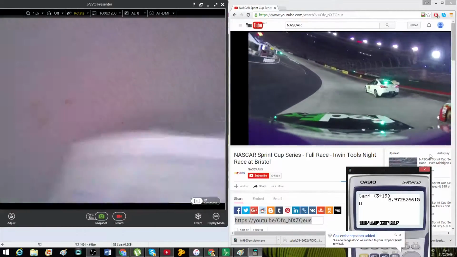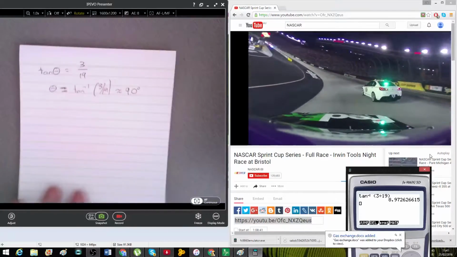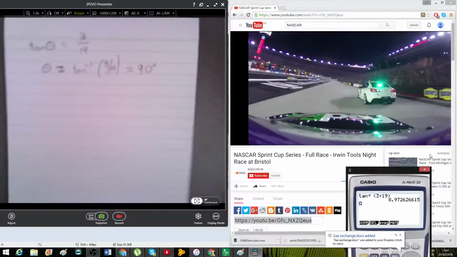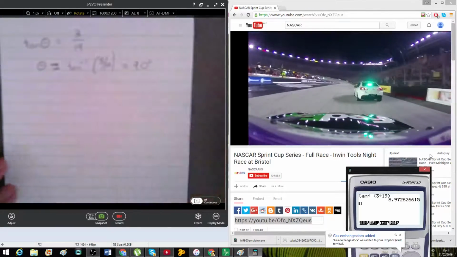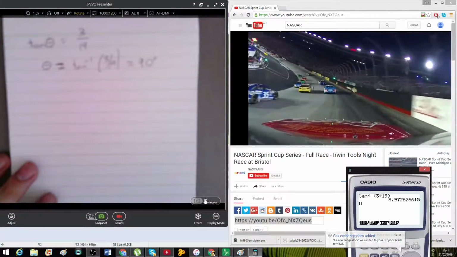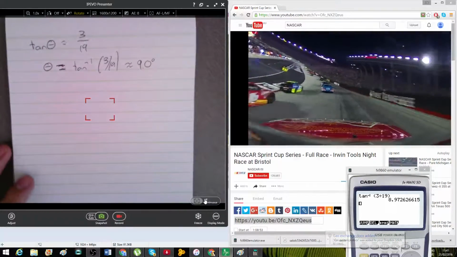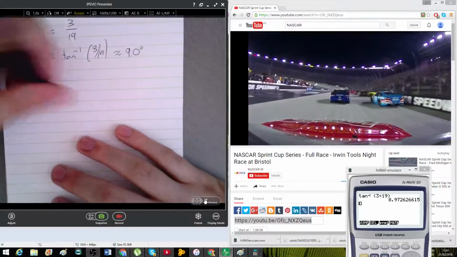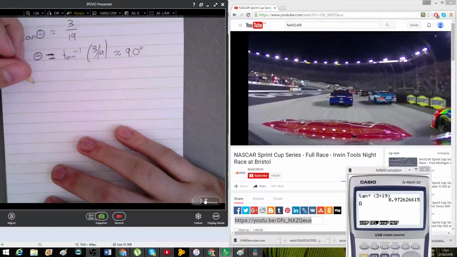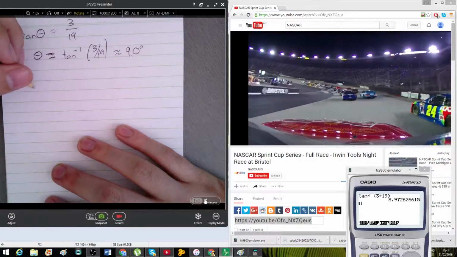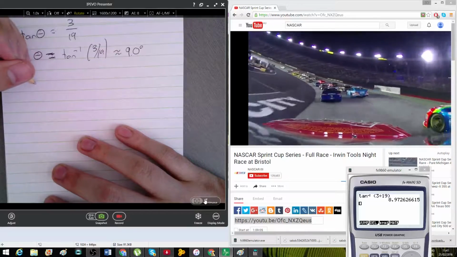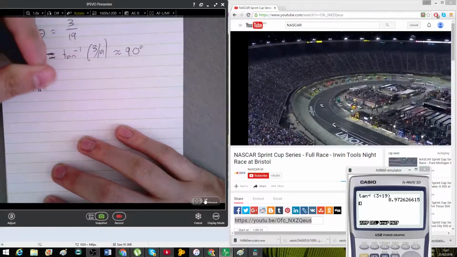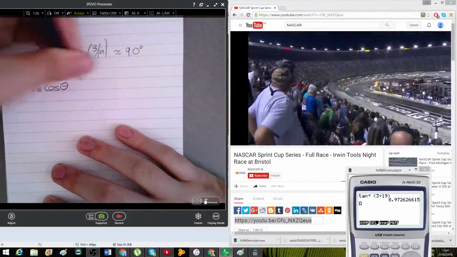So let's just go over the derivation. As I mentioned before, the vertical component of the normal force has to match the weight. So in other words, the normal force component, Fn cosine theta, that was your vertical part, must equal mg.